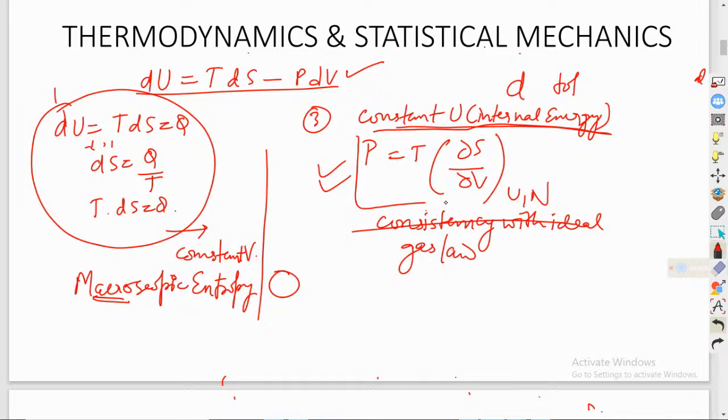It is a very classical equation. So it is a partial differential equation obtained in the form of P, and it is very consistent with the ideal gas law. I hope there is no problem in understanding this third equation obtained from the primary equation.